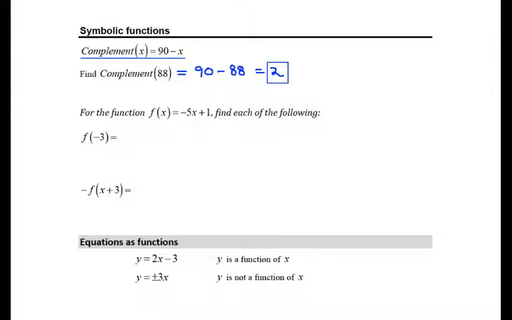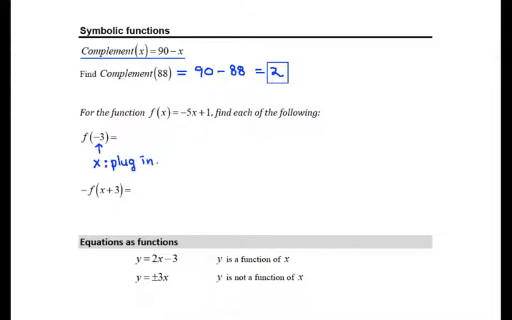If we take a more abstract example like this f of x equals negative 5x plus 1, we're now saying, okay, this negative 3 here is in the place of the input variable, which is x, and so the way I would evaluate this is to plug in this number for x.